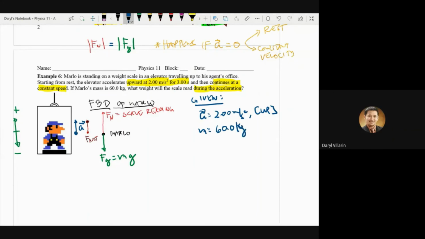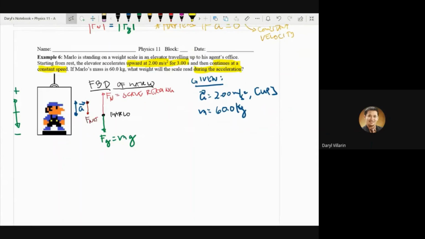Since our object here is Marlo, and Newton's second law talks about a specific object, we're talking about the mass of Marlo. Now it has an acceleration, so we use Newton's second law, which tells us that the net force acting on the object is equal to its mass times its acceleration.